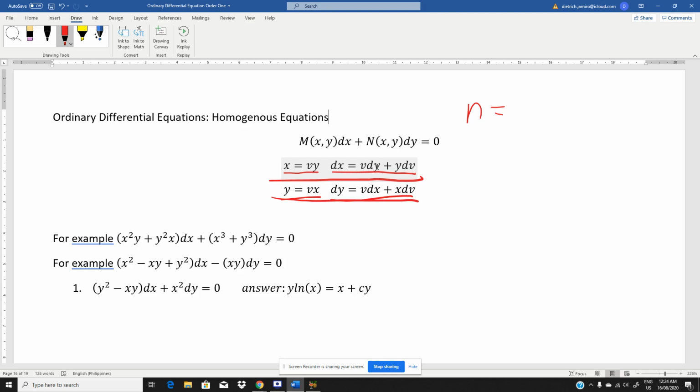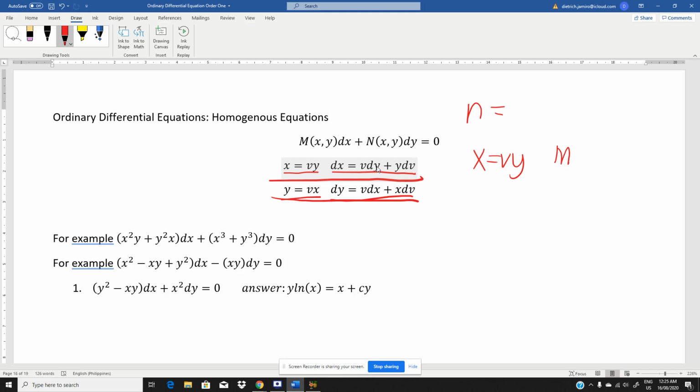An advantage may be gained if M, for example, has fewer terms than N, and x = vy is used. So if M has fewer terms, then x = vy should be used. On the other side, the same goes for N: if it has fewer terms, use y = vx. The resulting equation becomes a variable separable equation.